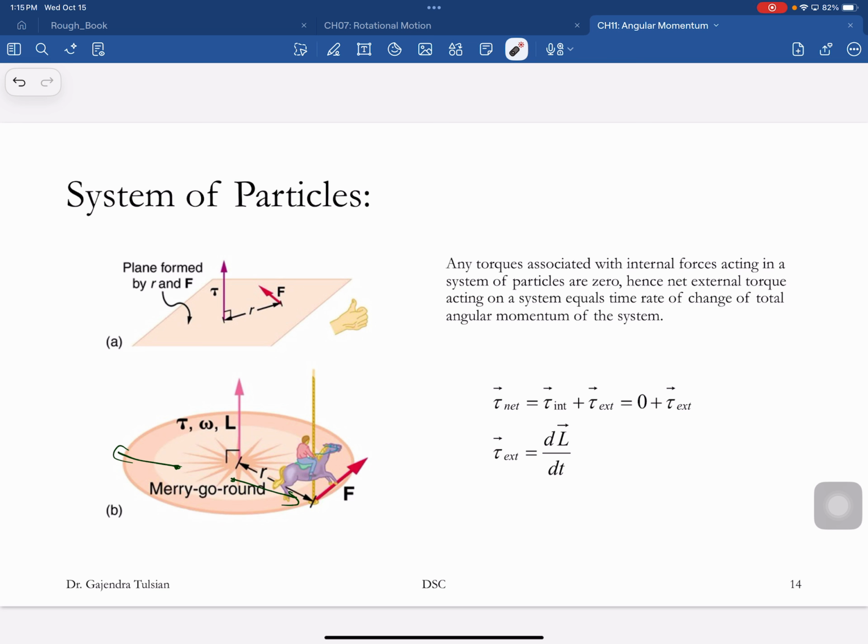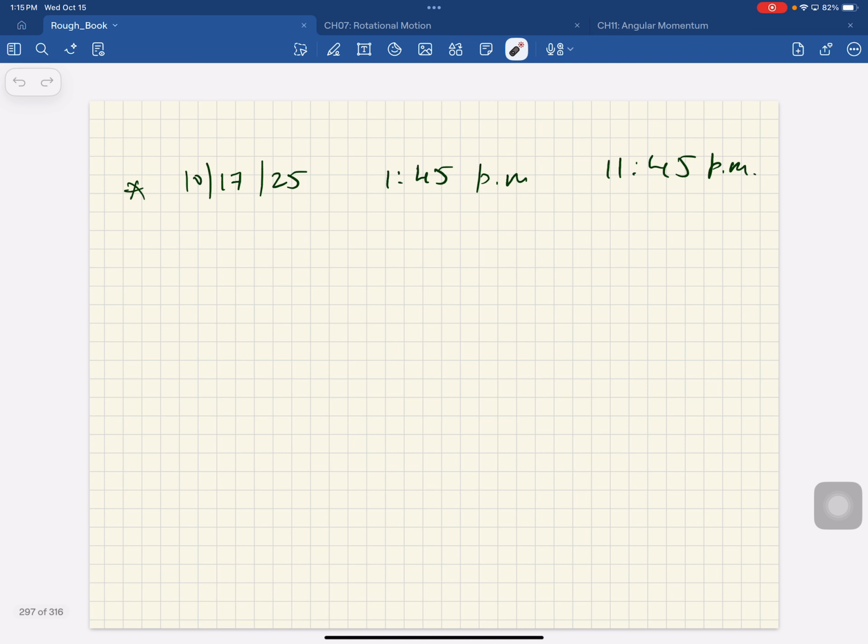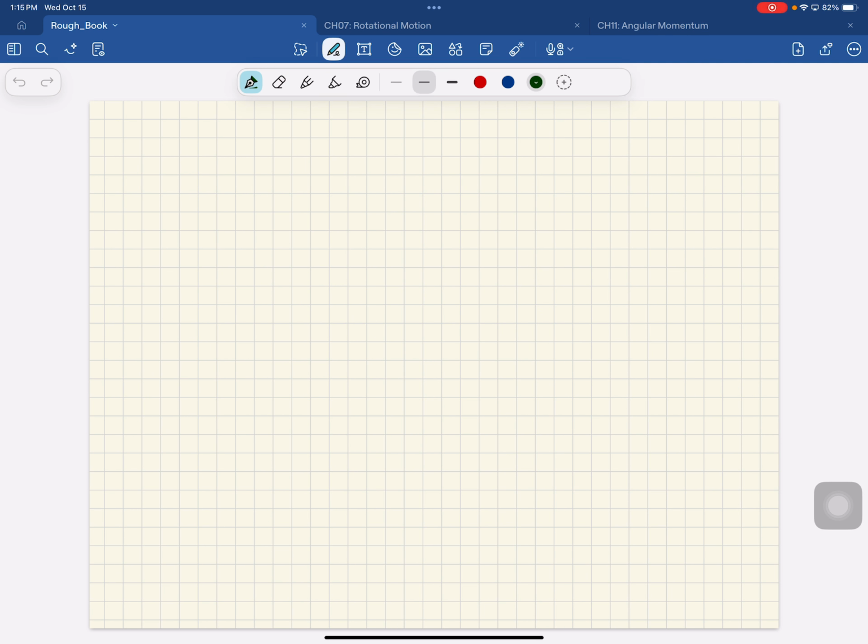Let me give you a simple example. This force will make it accelerate.